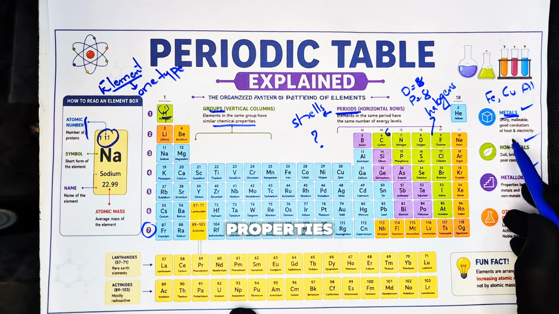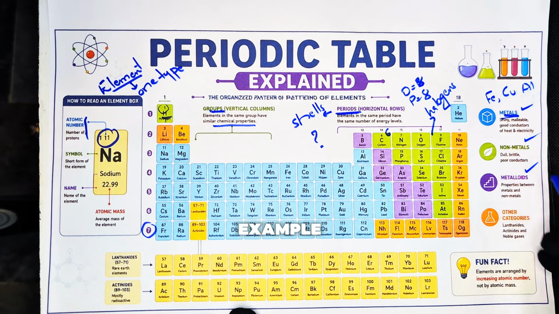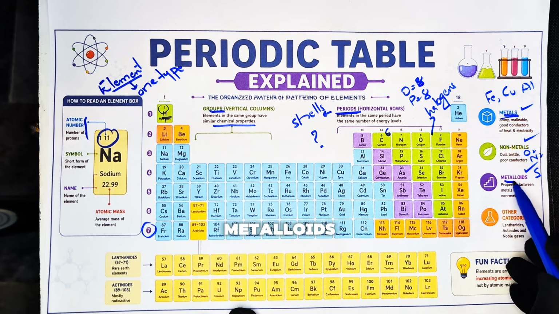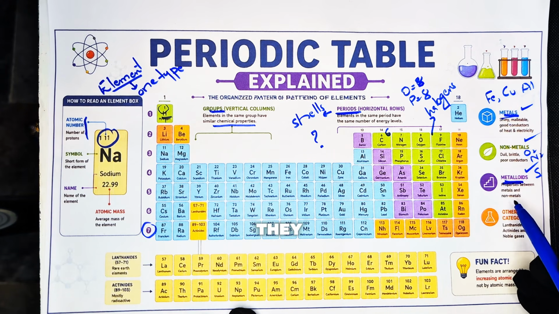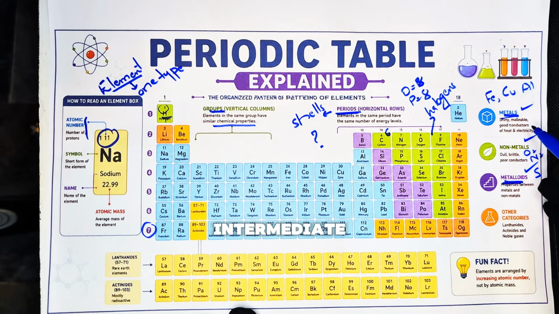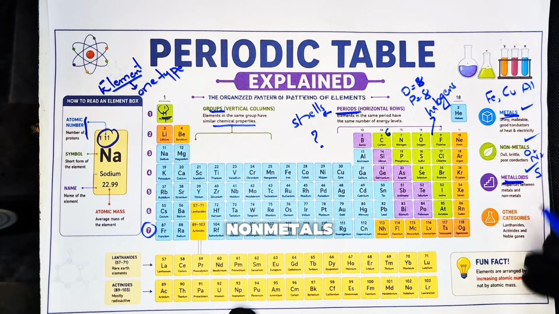They have different properties compared to the metals. For example, it includes oxygen, nitrogen, and sulfur. And between metals and non-metals are the metalloids. They have properties that are intermediate between metals and non-metals. A metalloid example is silicon, the most famous one.